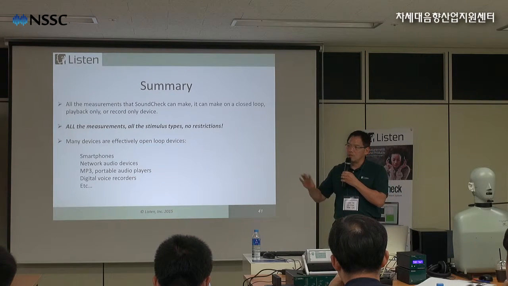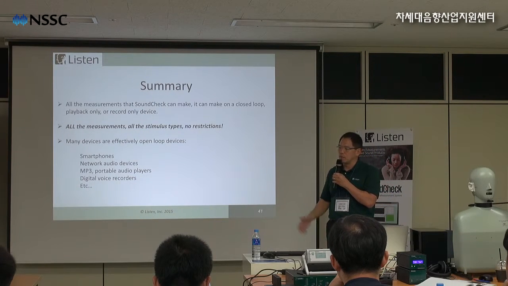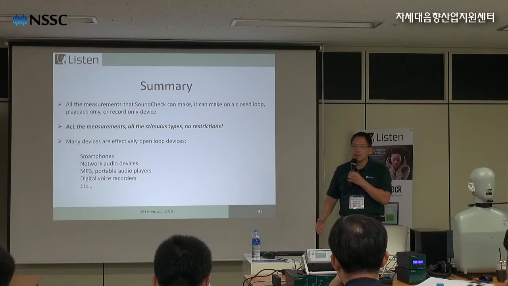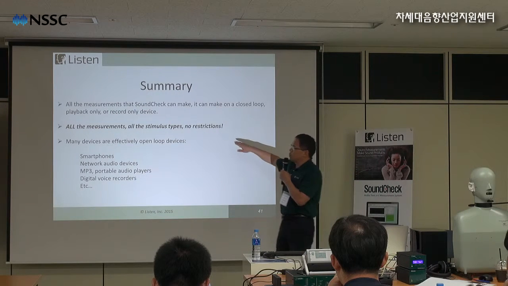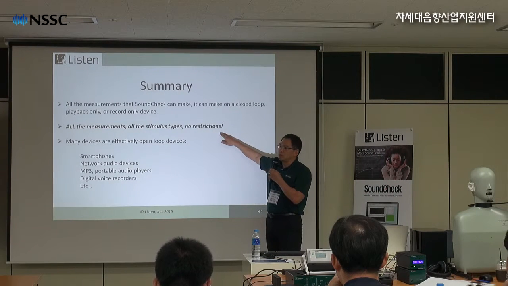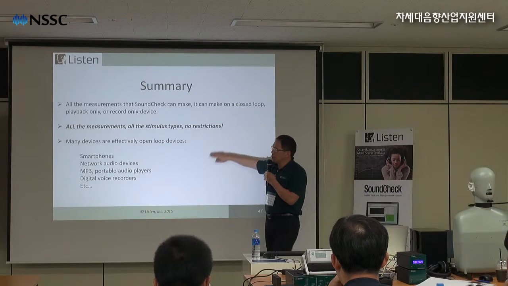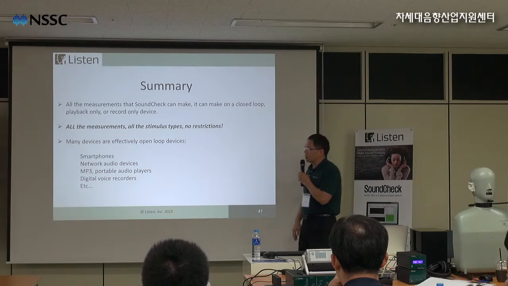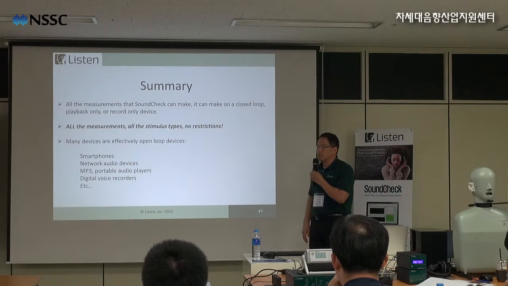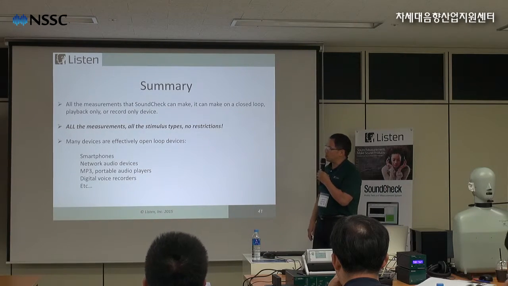You do have to take some steps to account for the differences in sampling rate by resampling and frequency shift. But essentially, anything you can do in closed loop, you can do in open loop. Devices that we can test: smartphones, MP3 players, Bluetooth speakers, etc.